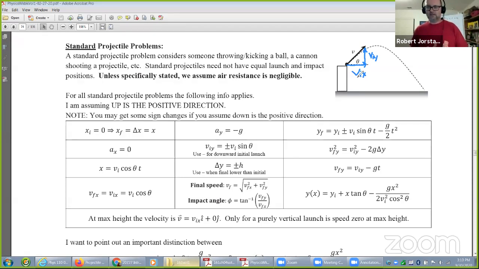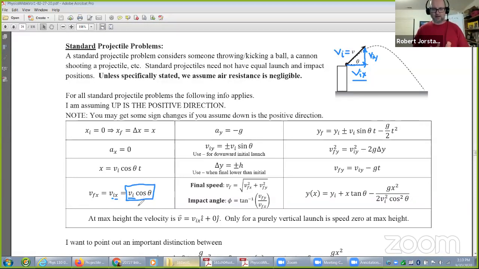Well, I could see that this one, this V initial X, is adjacent to theta. That's where I get V initial cosine theta. Look carefully at this, right? V initial is equal to V. V initial X is not the same thing as V initial. V initial is the initial speed.